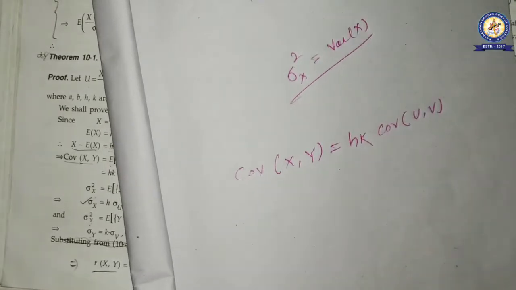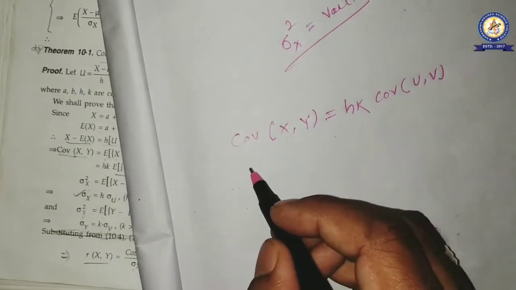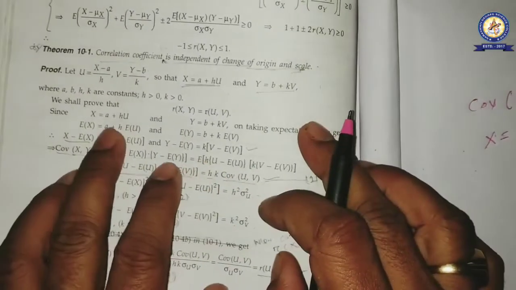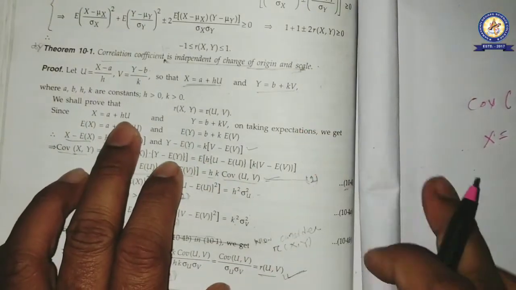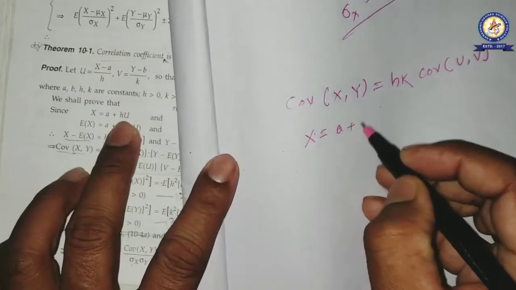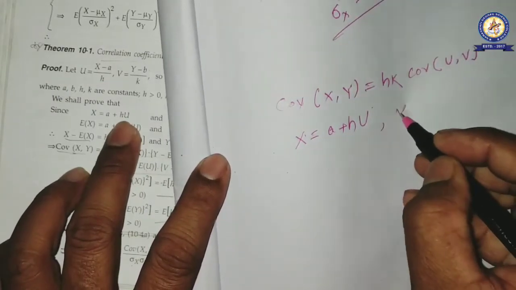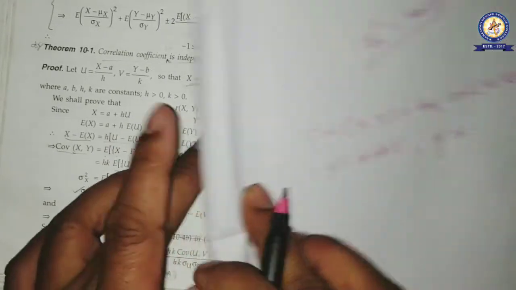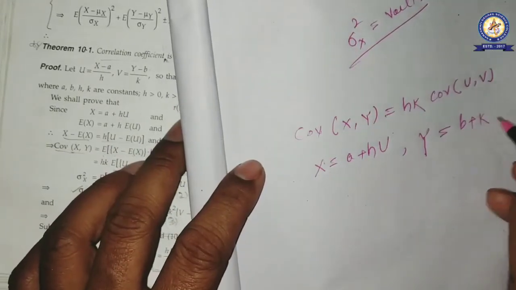In our last class, x was a plus hu, and y was b plus kv.